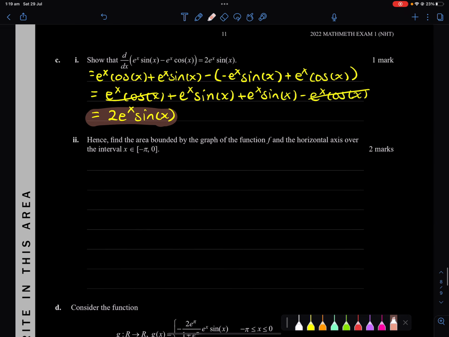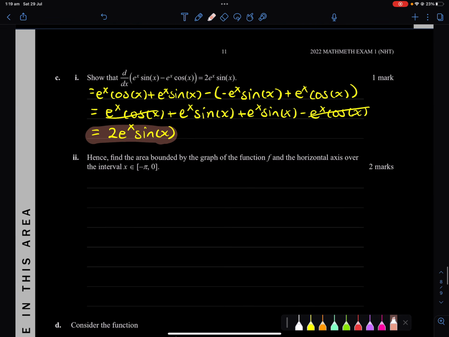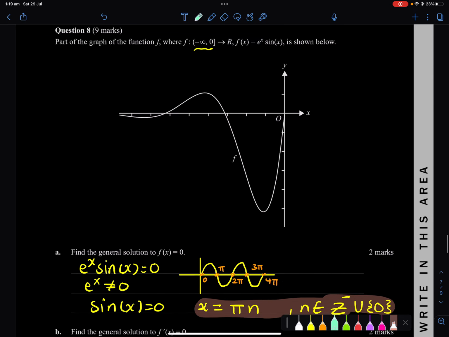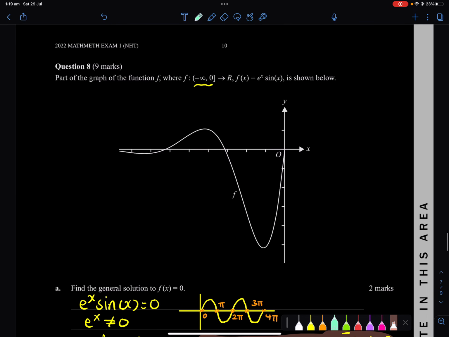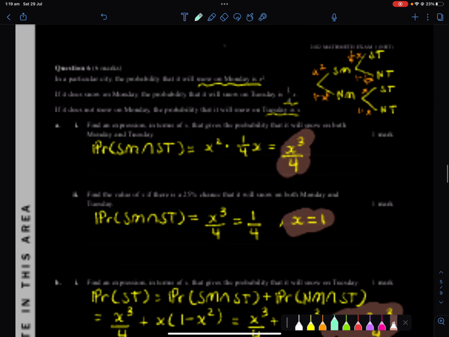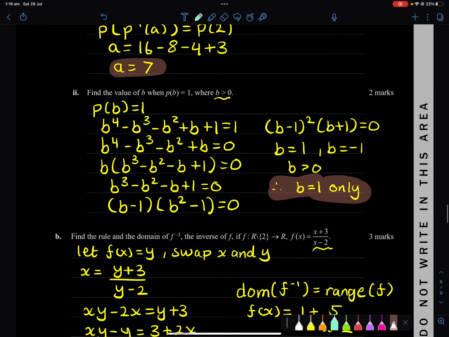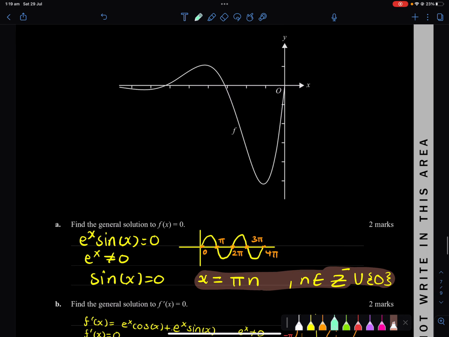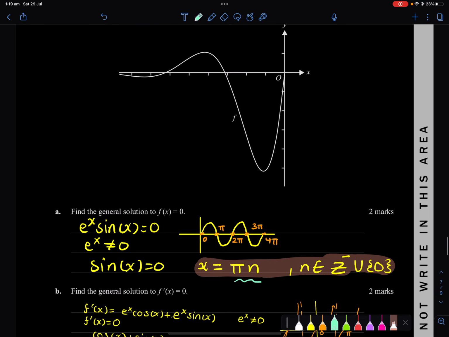Okay. So hence, using the value above, find the area bounded by the graph of a function f and the horizontal axis over the interval x element of negative pi to 0. So what we're trying to find is, well, they didn't give us the values, but we know that the general solution goes by pi n.